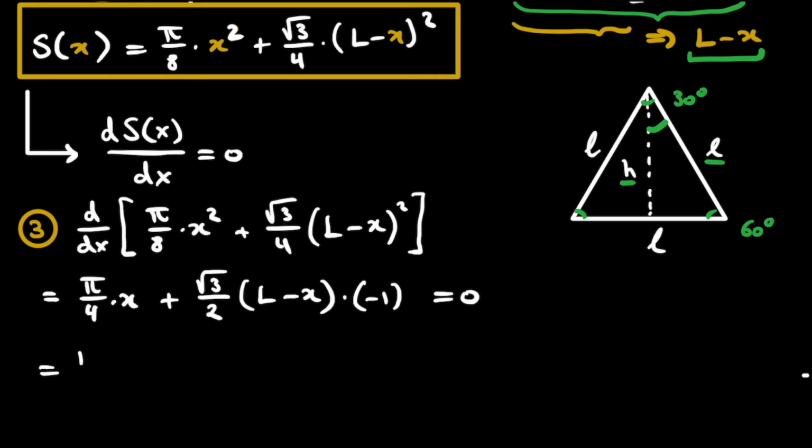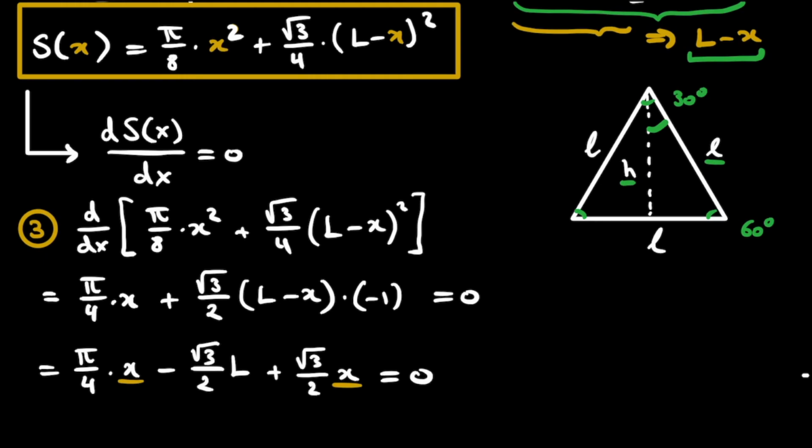Rewriting this, we get the following. We have pi divided by 4 multiplied by x minus the square root of 3 divided by 2 multiplied by L plus the square root of 3 divided by 2 multiplied by x. And for the specific x that we are looking for, this of course has to be equal to 0, because for this x, the surface of our two figures is minimal.